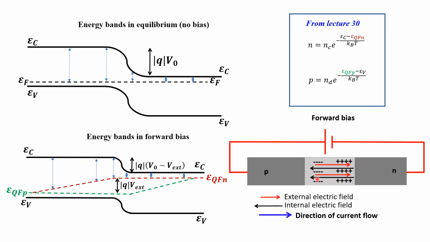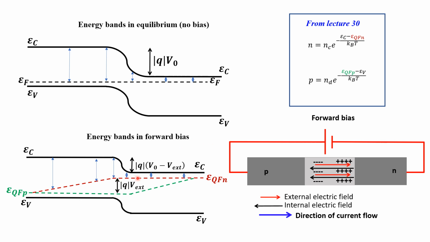Now when we enter the depletion region, the quasi-Fermi level will change a bit, but this effect is low, so we can ignore it in a first approximation because the p-n junction is usually short in forward bias conditions.